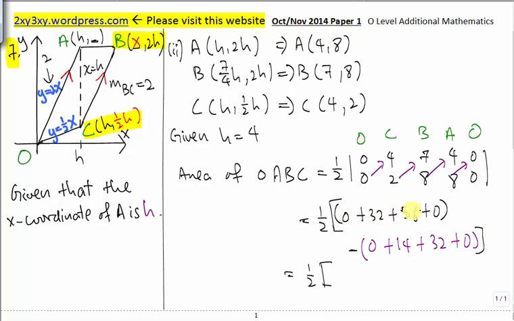If we work out this result, this is 88 minus away 46. So this will give us 21 unit square. Okay, so the area of OABC is 21 unit square.